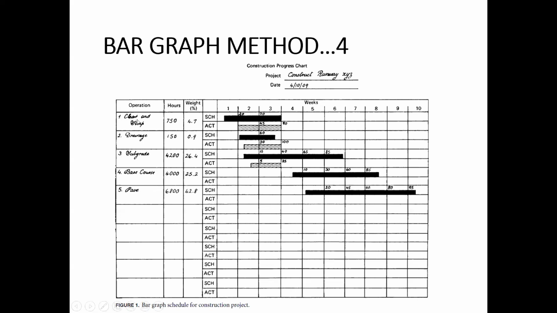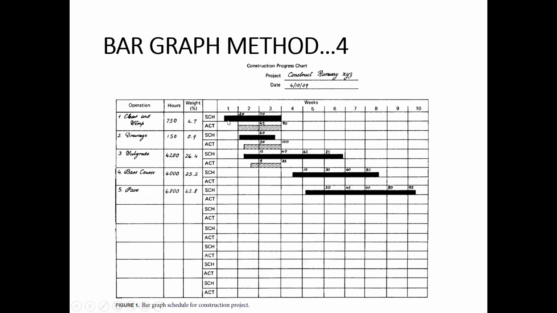For each operation, we are showing over here 2 bars. One is for the scheduled, as represented by SCH, and the other is for the actual.